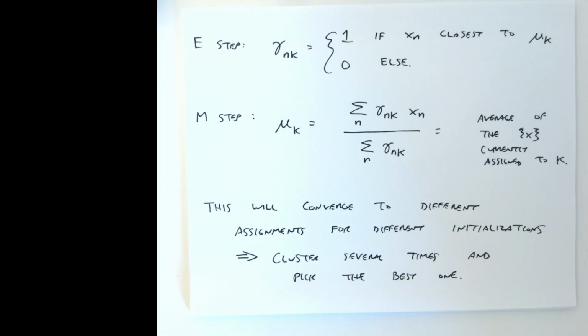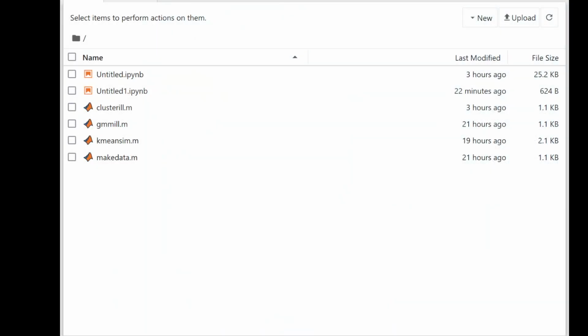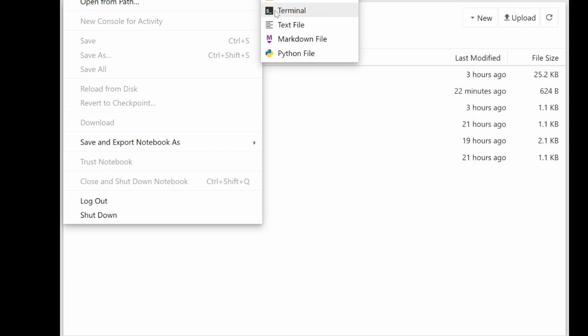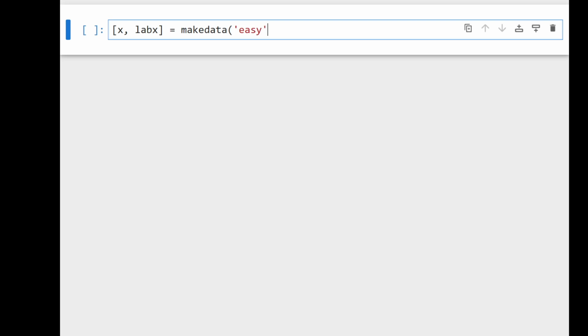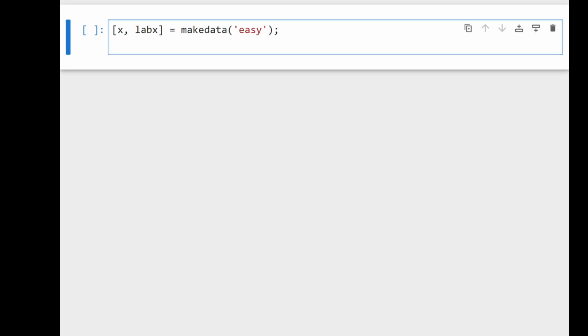So let's do an example to make that a little more explicit. Let's make a new MATLAB notebook. It takes a minute for the kernel to start up here. What I did was make a couple of examples before class, just easy, medium, and hard cases.